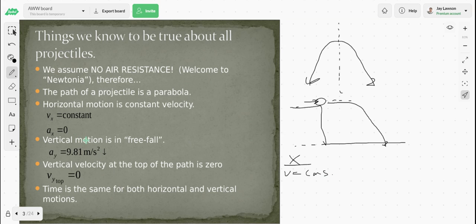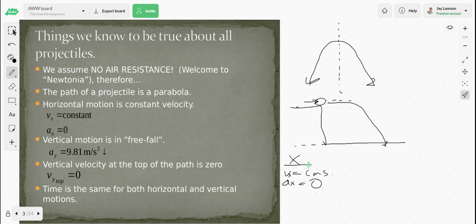So therefore, the acceleration in the x direction must be 0, because if velocity is not changing, then it is not accelerating. So in the x direction, acceleration is 0.